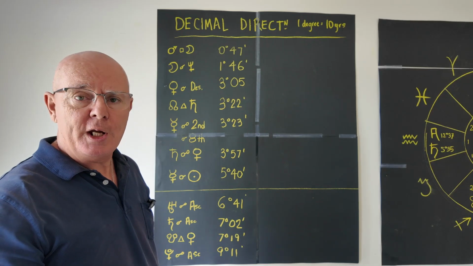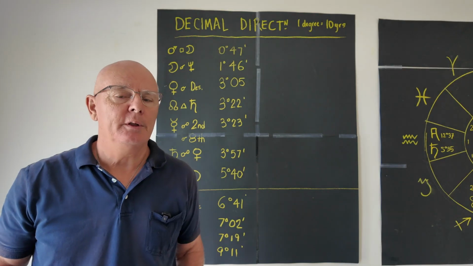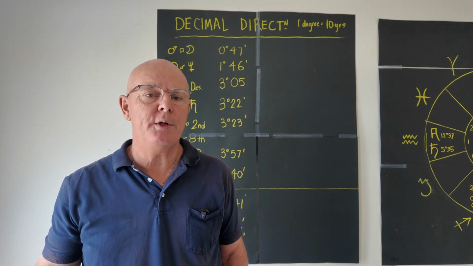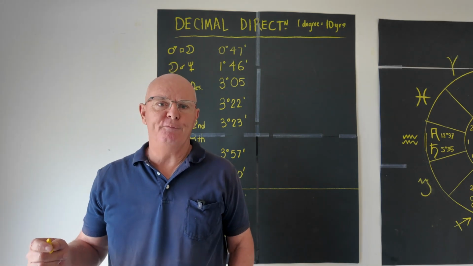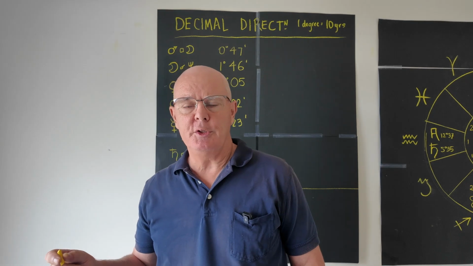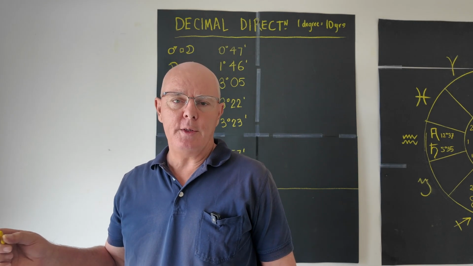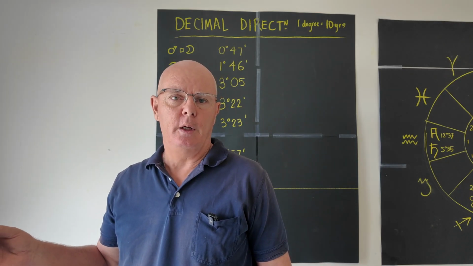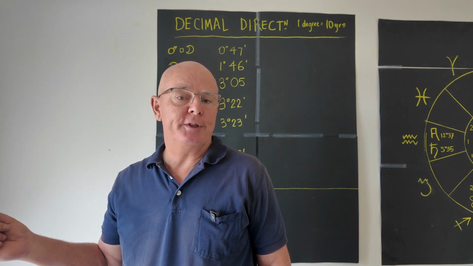Now, unique to the systems approach to Vedic astrology is a form of direction, where 1 degree is 10 years. It may be familiar to you Western astrologers, of solar arc direction, where 1 degree equals 1 year. And this is 1 degree equals 10 years.